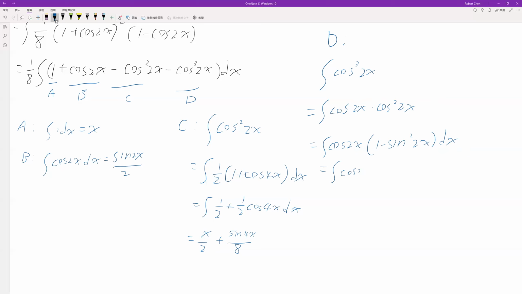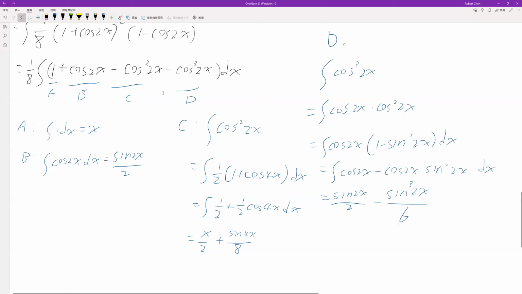So we have cosine 2x minus cosine 2x times sine squared 2x. All right, so the first one is easy. That's just sine 2x over 2. Now this one, this cosine 2x here comes from the chain rule of sine 2x. So this will be a simple power rule. Sine cubed 2x over 6. Yep, there you go. Okay, and then just put everything together and we're done.